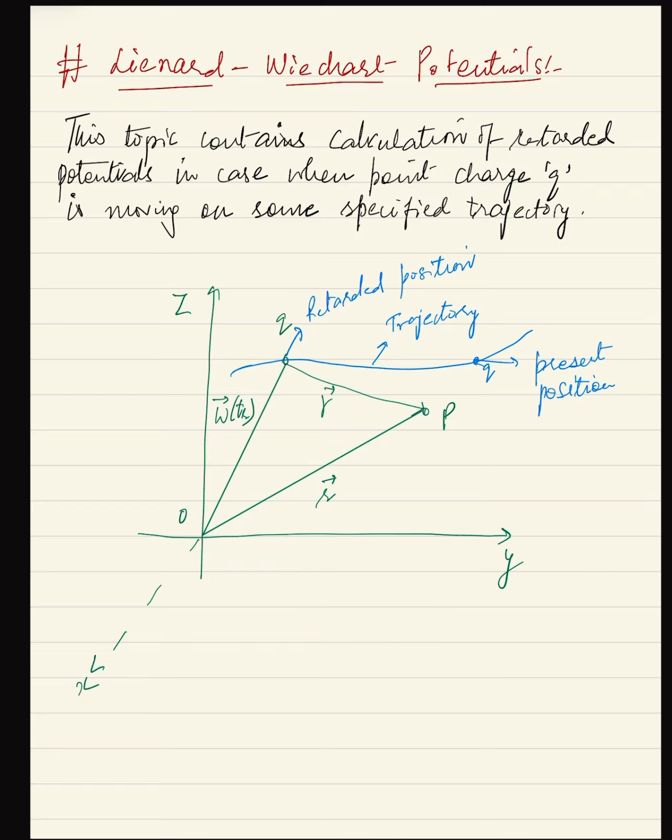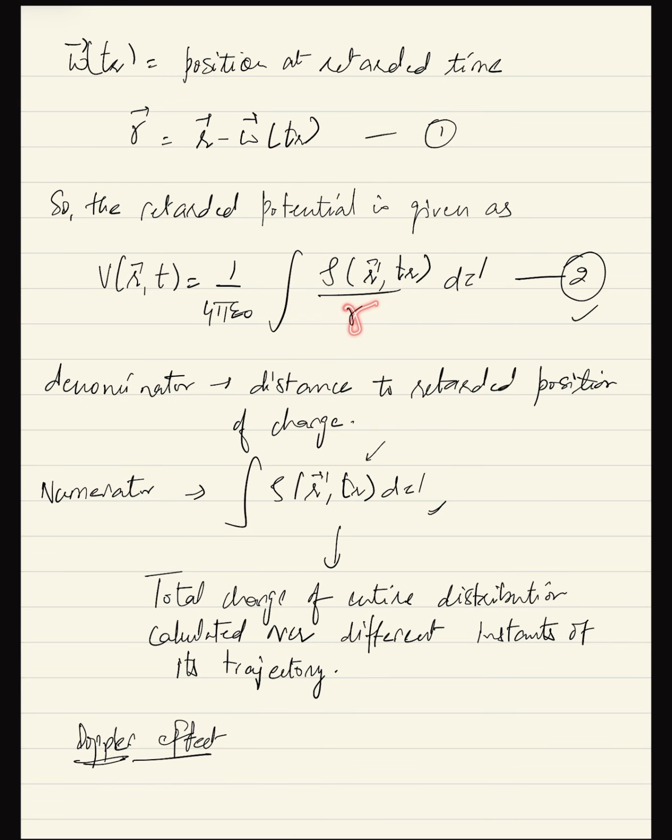So now w(t_r) is the position at retarded time, and the distance between the source and observer is r minus w(t_r). So the retarded potential will be given as rho(r', t_r) over 𝓇. Initially we had this r, and now we have this 𝓇 dτ'. The denominator is the distance to the retarded position of the charge, that's okay.